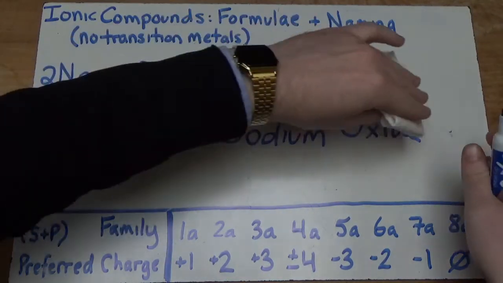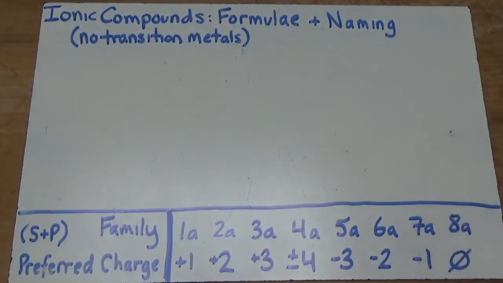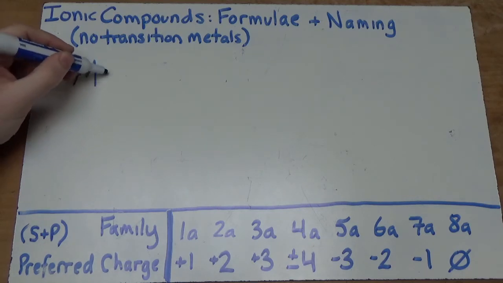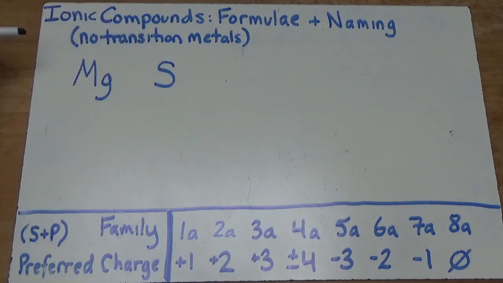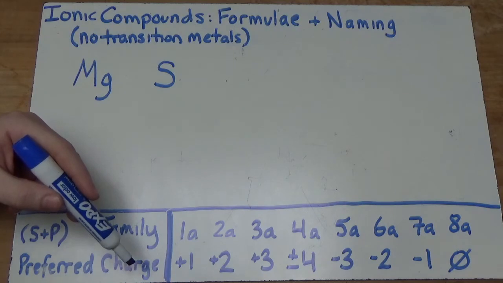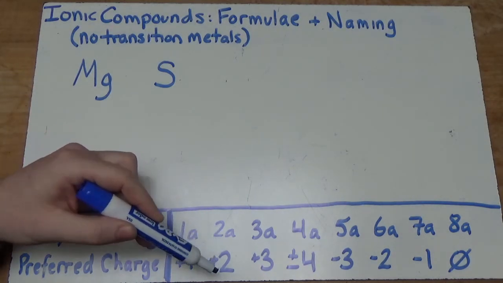Let's do a few more examples. If I wanted to make a compound between magnesium and, let's say, sulfur, again, first I'm going to start by consulting my preferred charges. Magnesium is in family 2A, so it's going to have a charge of +2.